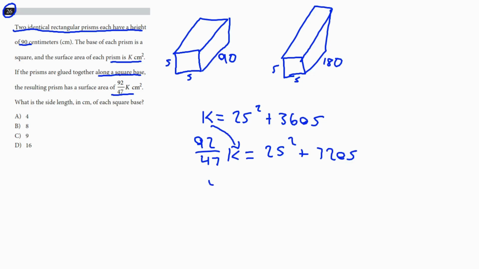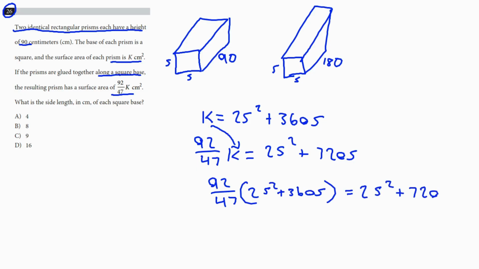And then we can plug this K in here, and then now we can just solve for it. So we have 92 over 47 K, or sorry, we're going to plug it in, times 2s squared plus 360s. So let me put that in parentheses, equals 2s squared plus 720s. And then now, this is really easy, we're just going to go into Desmos and type this in.